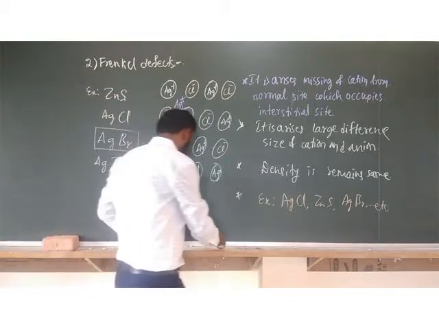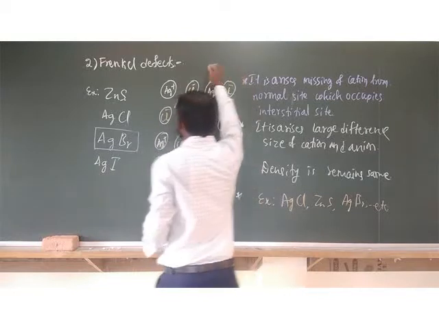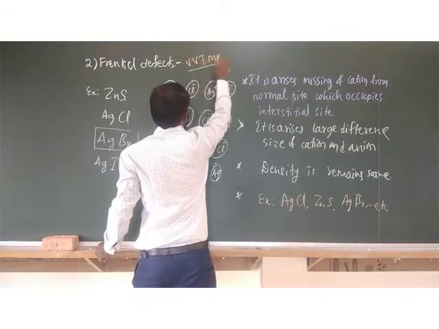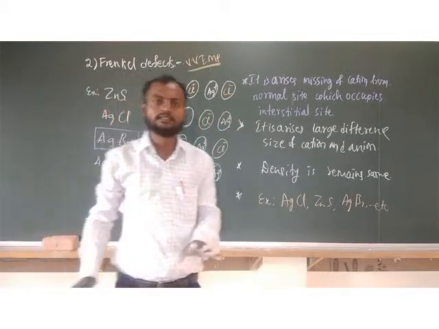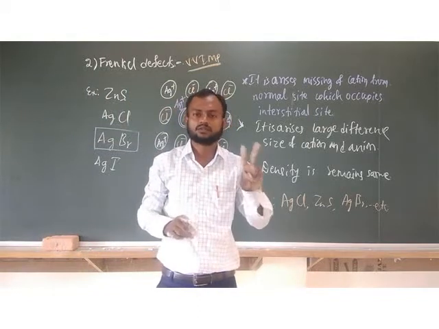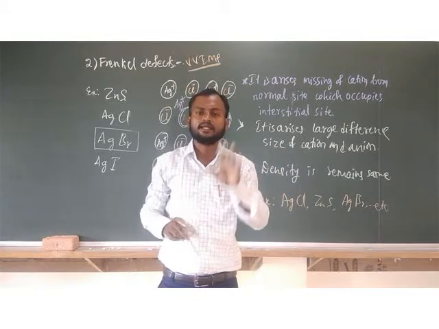So the examples are AgCl, AgBr, and this is also very important for the entrance examination as well as the board examination. They will ask a 2 marks question in a board examination and 1 mark questions in an entrance examination.